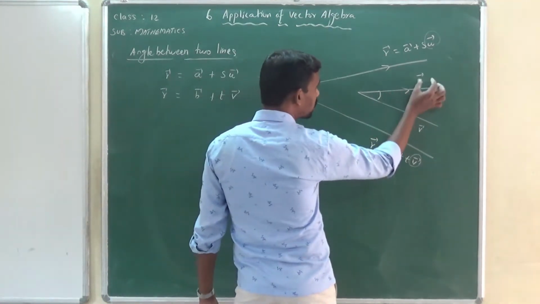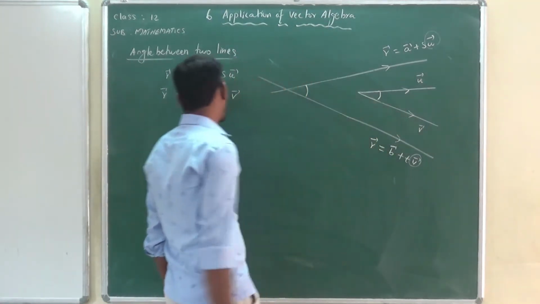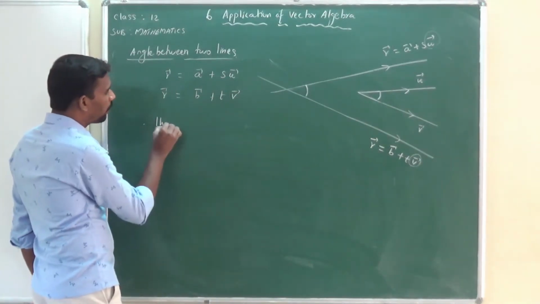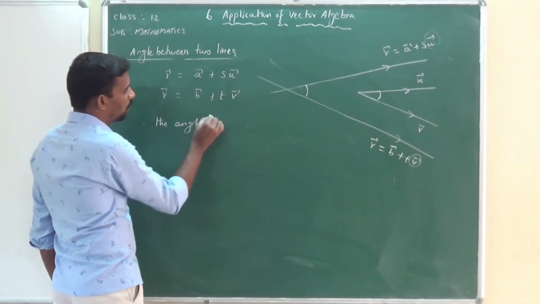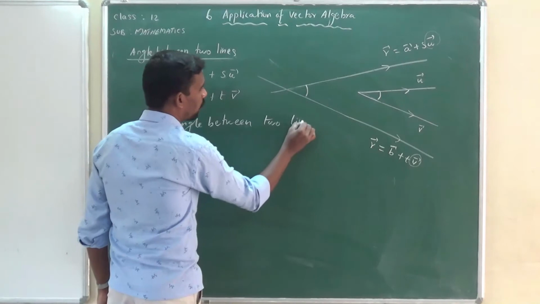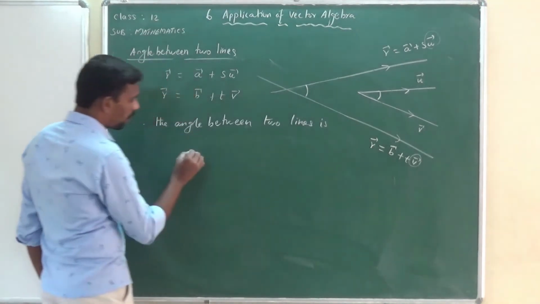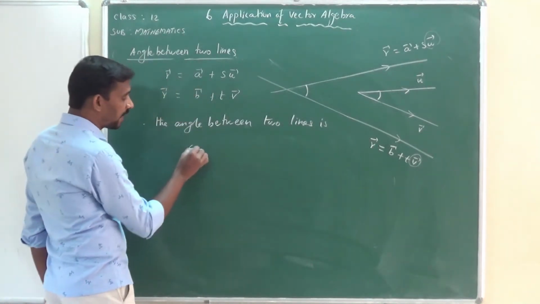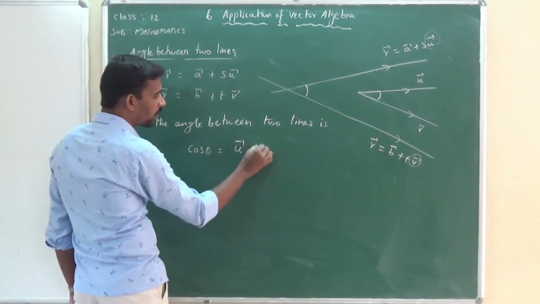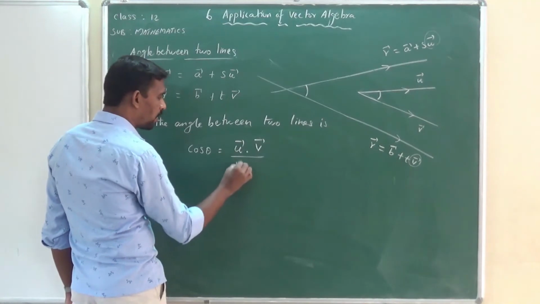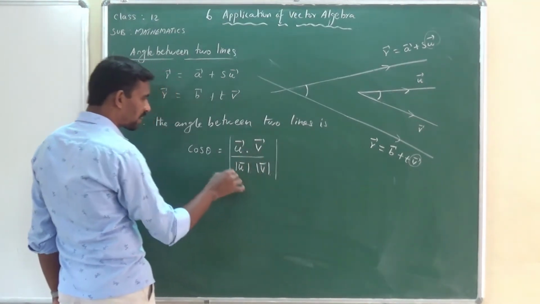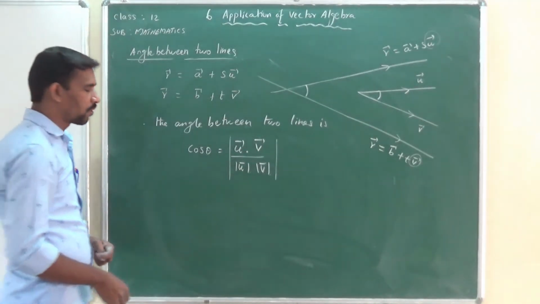What are the two parallel vectors? U vector here and v vector here. So we can derive the formula. The angle between two lines: we use cos theta equals u vector dot v vector divided by magnitude of u vector times magnitude of v vector, with modulus because theta should not be negative.